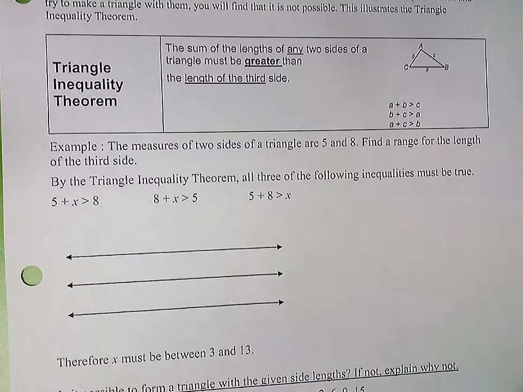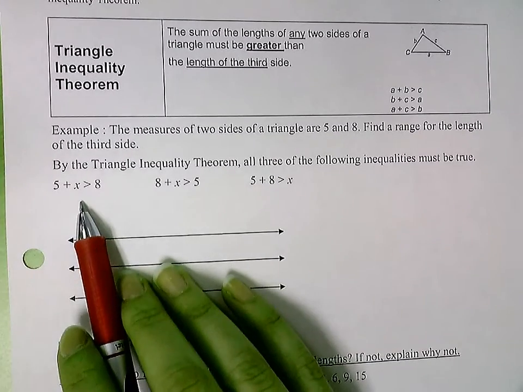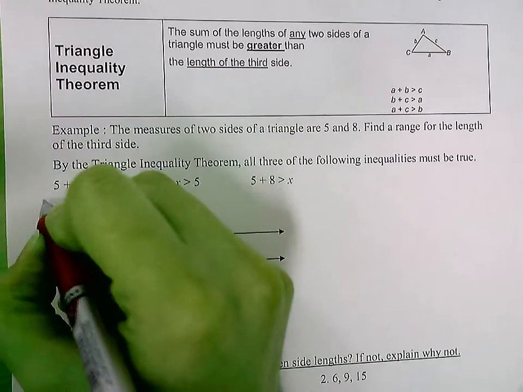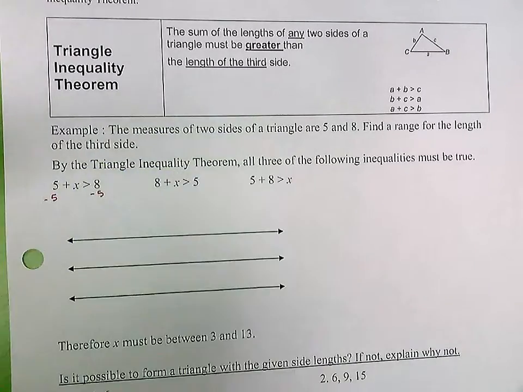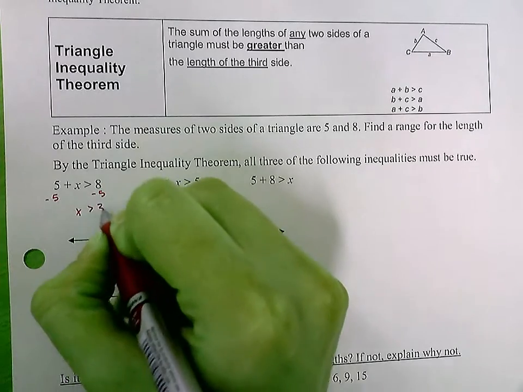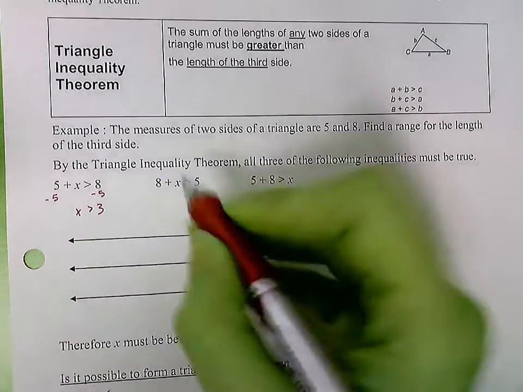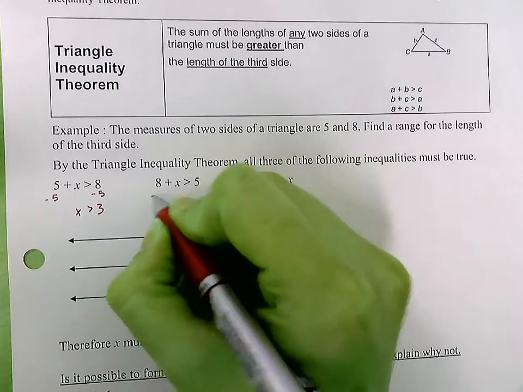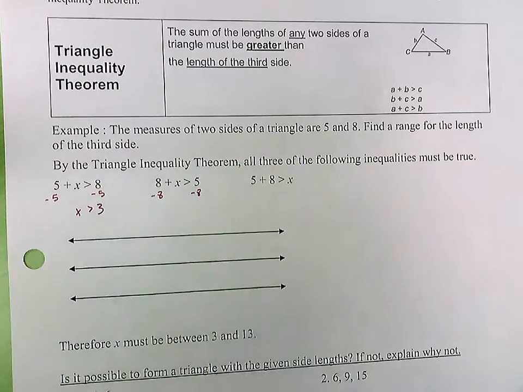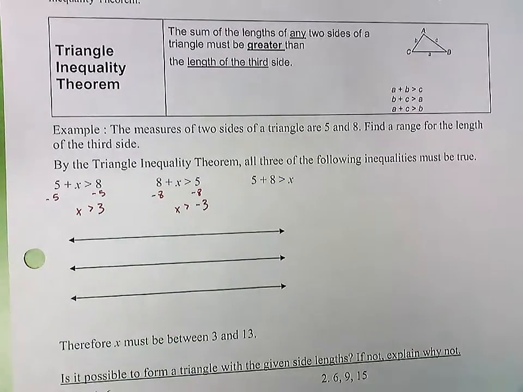It gets easier. For each of these, I'm going to solve for x. I'm going to subtract 5, so x will have to be greater than 3. For this one, I'm going to subtract 8, so x has to be greater than negative 3.